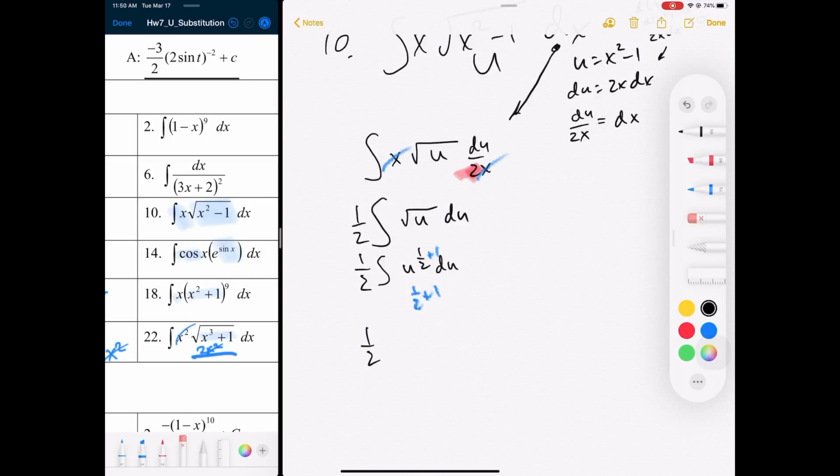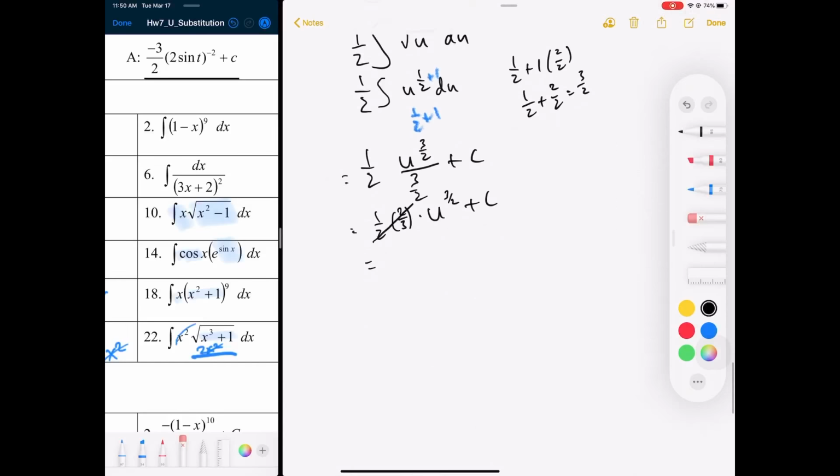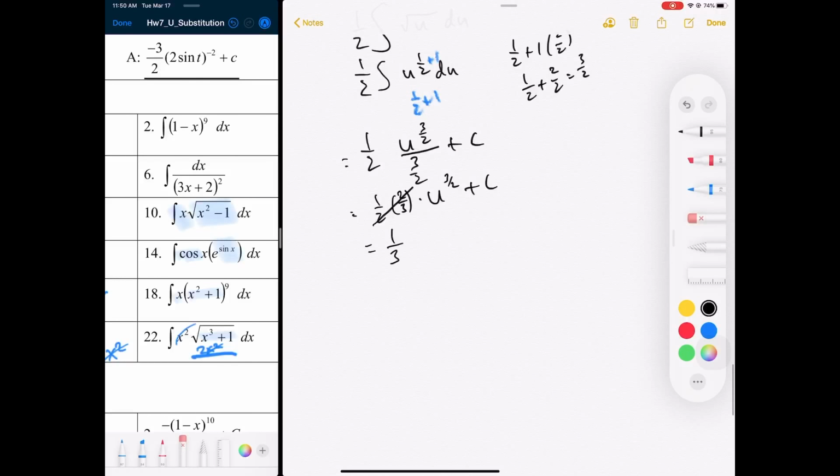So 1/2 u to the 3 over 2, because 1/2 plus 1, common denominator, will be 1 over 2 plus 2 over 2, 3 over 2, over 3 over 2. We don't like our fractions, so multiply by the reciprocal. 1 over 2, 3 over 2, sorry, other way around, 2 over 3 times u to the 3 over 2 plus c. Those divide out. We're left with 1 over 3.